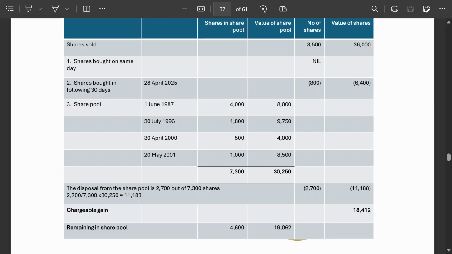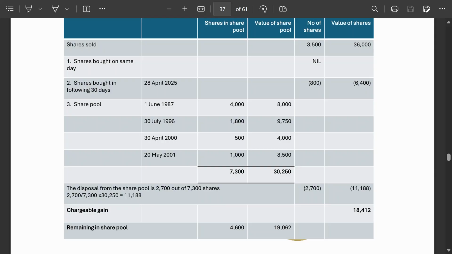The 104 holding. What is the 104 holding? This whole block is the 104 holding. You have 4,000 at 8,000 value, 1,800 shares at this value, and so on, so you get a total of 7.3K shares at this value. Now what are you selling? This is fairly straightforward.